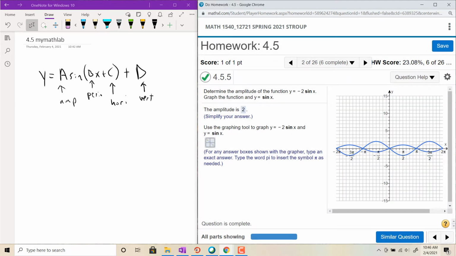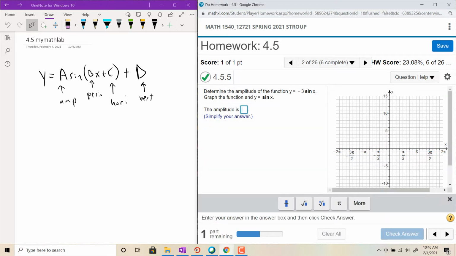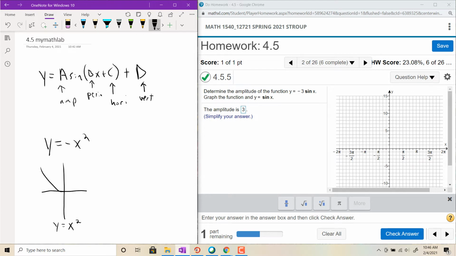Like I said, I did some of these already. But anyways, here the amplitude value is given as -3. So clearly, you're not going to put -3, you're going to put just plain old 3 in there. I don't think I talked about it in the video, but if you put a negative out in front of any function in general, so if you have like y equals -x squared, the result of that is just to take the original function, which in this case is x squared, and rotate it about the x-axis.